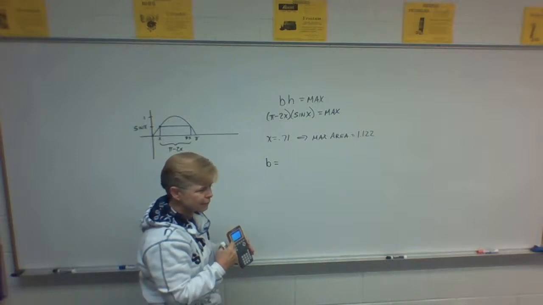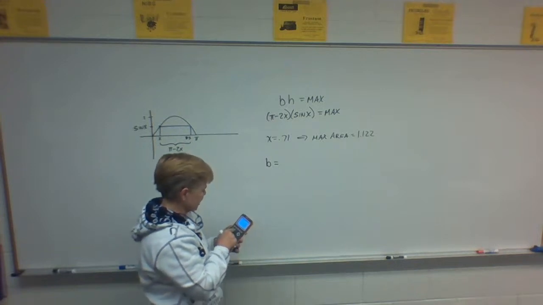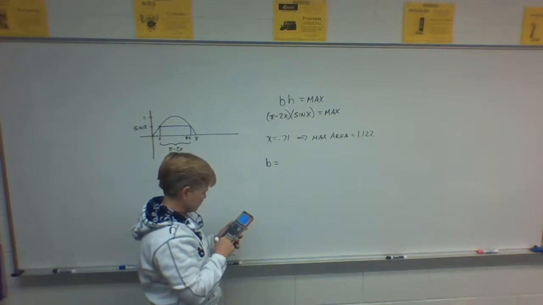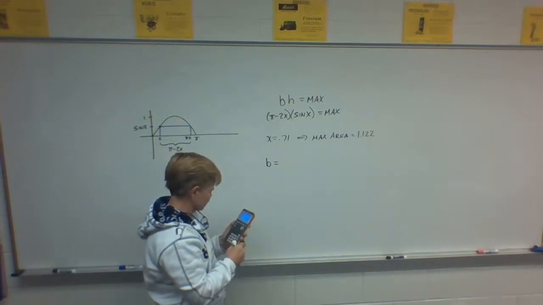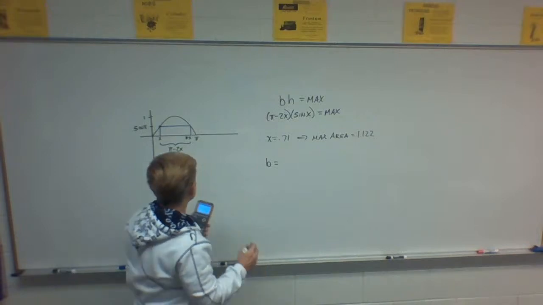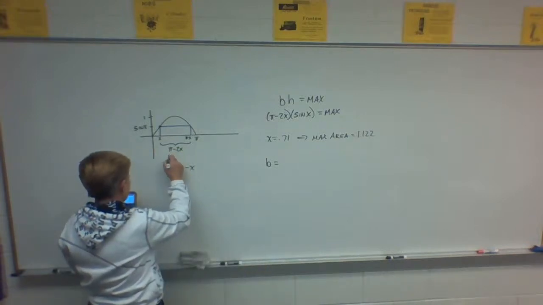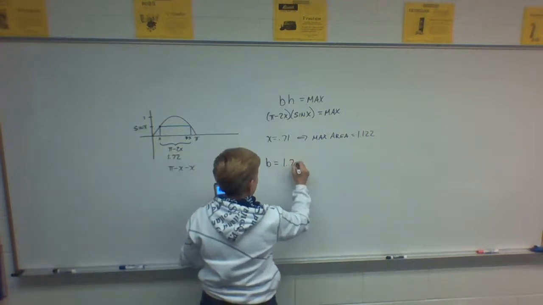So you don't have to write it down and you don't have to retype it or anything like that. Just go back to your home screen and type in pi minus 2x. It will calculate with the x that's most recently been put in the box. So I get a base from here to here of about 1.72.